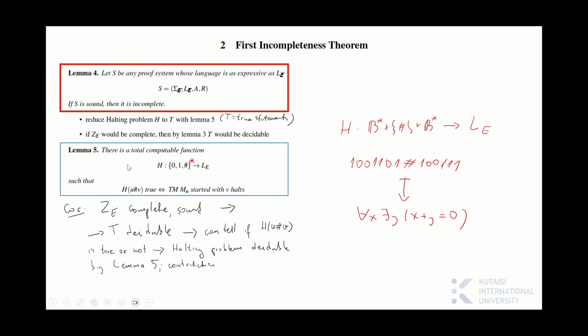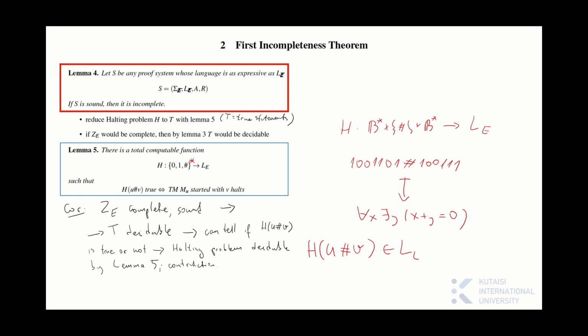So the lemma says that there exists such a function so that H of U#V is true if and only if Turing machine U started with V halts. This might seem weird at first glance. You have U, some binary string, and V, right? So you have the binary string U hashtag V. Now you apply H to this.